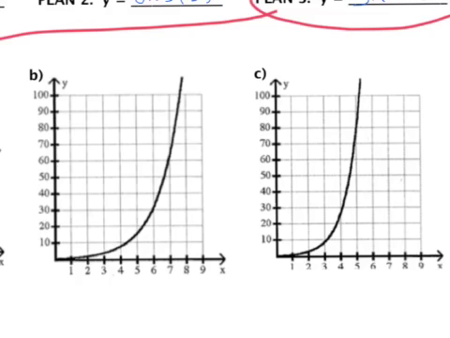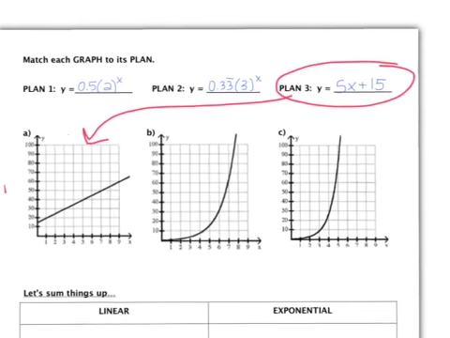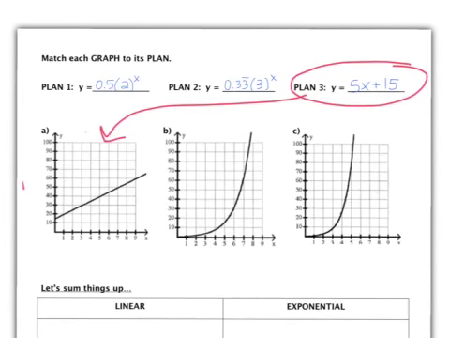So because of that fact, we can conclude that plan 2 has the larger growth factor and is going to match up with the steeper graph. So plan 2 would match up with graph C, and that would leave plan 1 to match up with graph B. That doubling pattern leads to a curve that's not as steep as the tripling pattern.